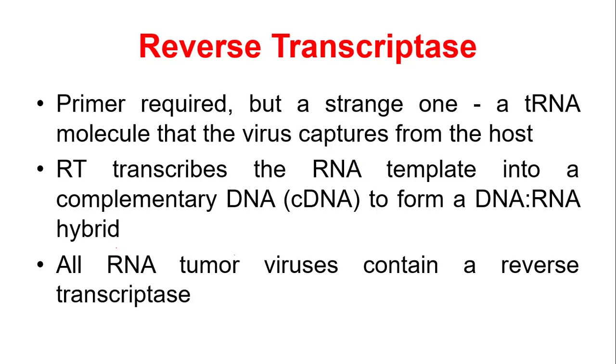So recall the fact that we need an RNA primer. In this instance, instead of making one, they use the host machinery by commandeering the host tRNA and then use it to do the initial process of forming the RNA primer, and then eventually converting it to cDNA.